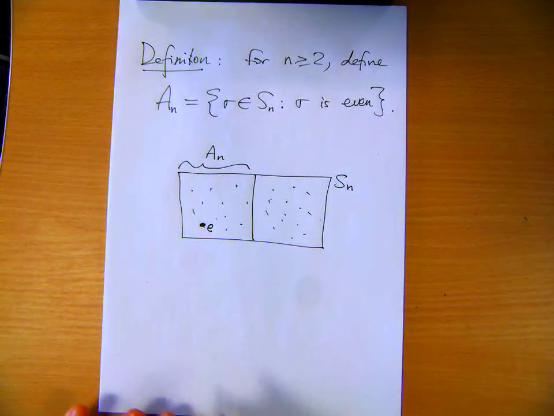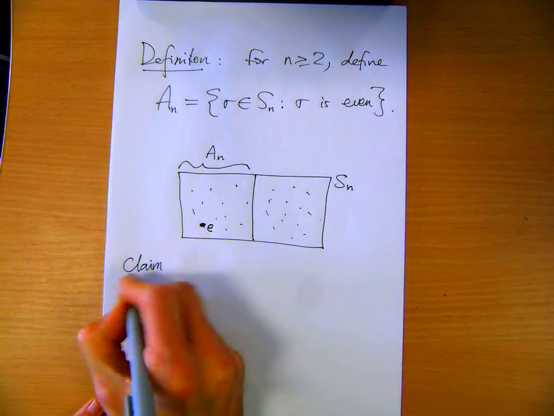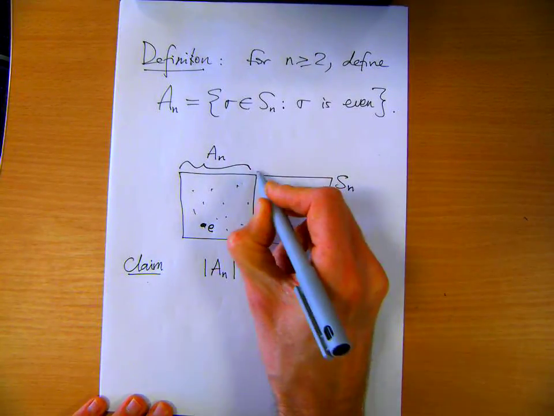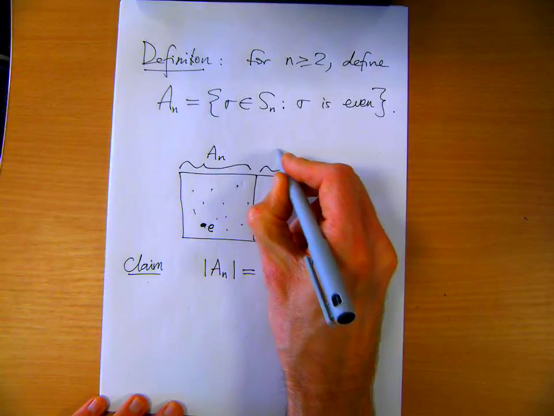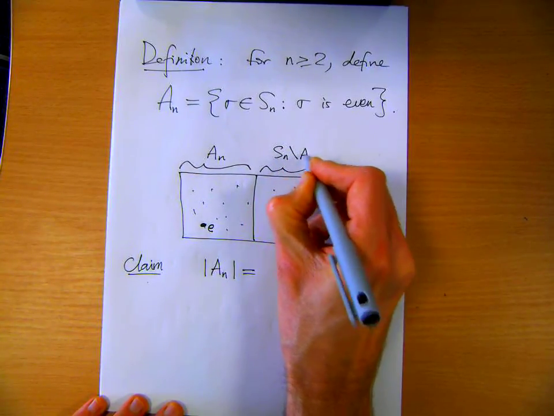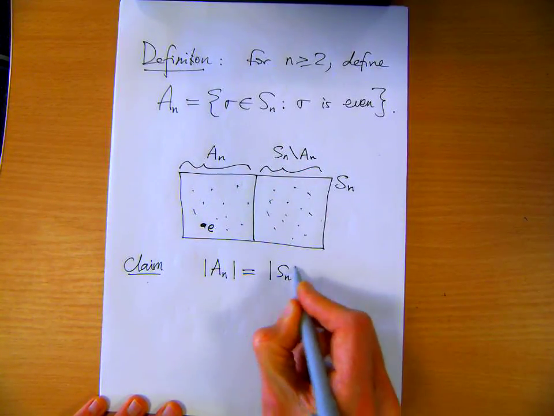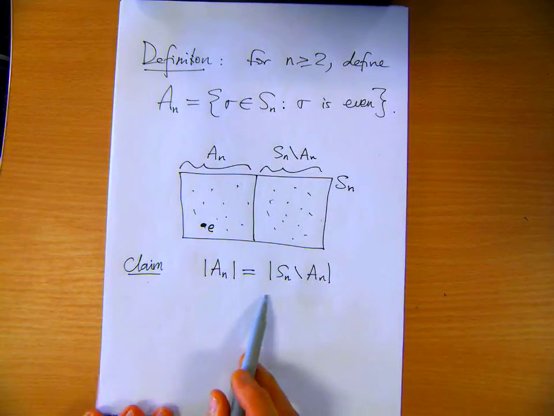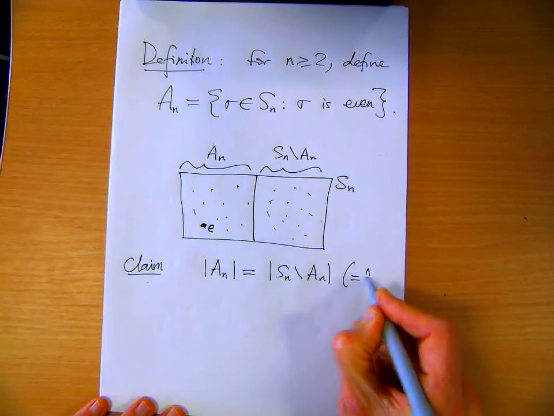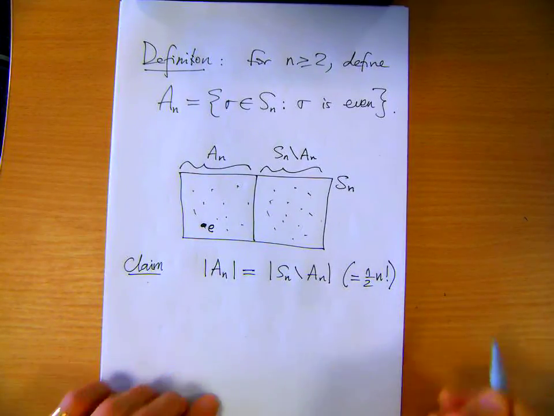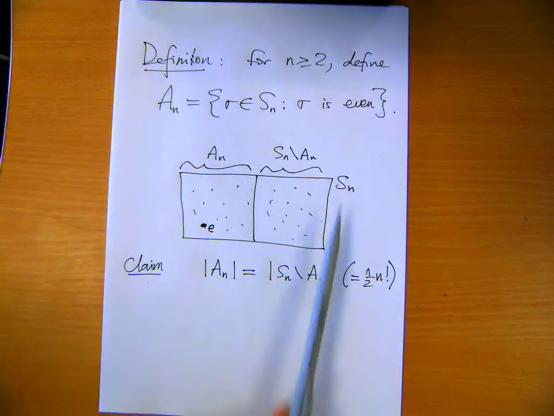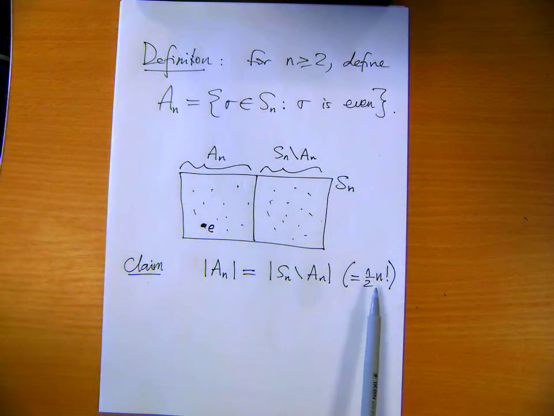So why is that? So this is the complement. These have got the same number of elements. Well, if they've got the same number of elements, then each one must have a cardinality of n factorial over 2, because the symmetric group as a whole has got cardinality n factorial, remember.